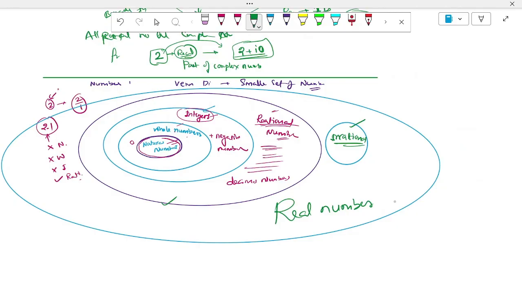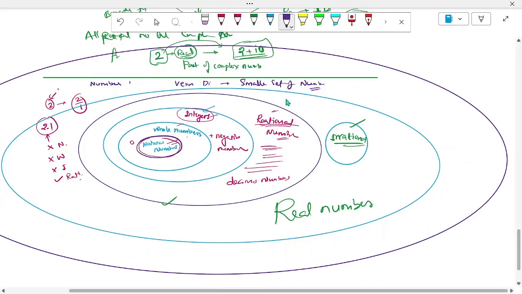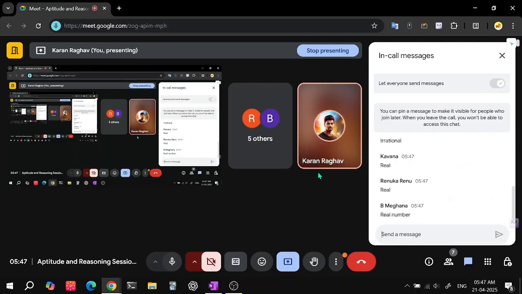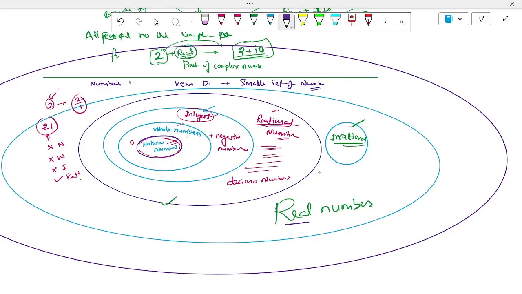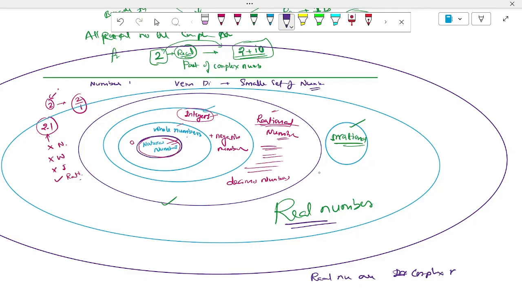These real numbers are actually part of another number. Can you tell me what is that? This bigger circle. All real numbers, just now I taught, are complex numbers. But there are some more numbers like 1 plus 2i. This is not a real number. 1 and 2 are real numbers. But 1 plus 2i is not a real number.